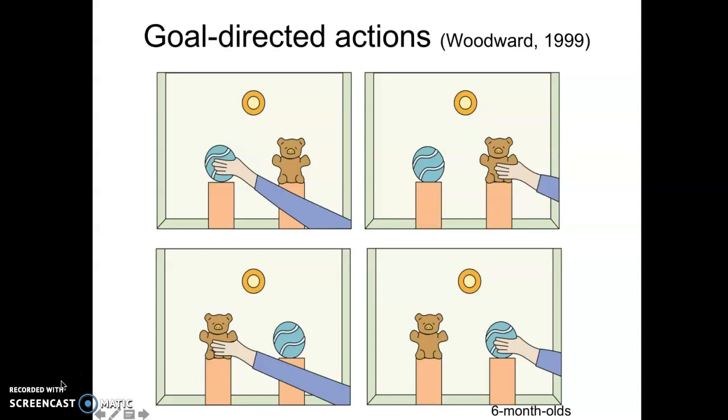So the inference of this is that 6-month-olds interpret reaches as goal-directed, and they're surprised when the goal of the reach seems to change. Interestingly, of course, the first of the sticky mittens studies was about this.